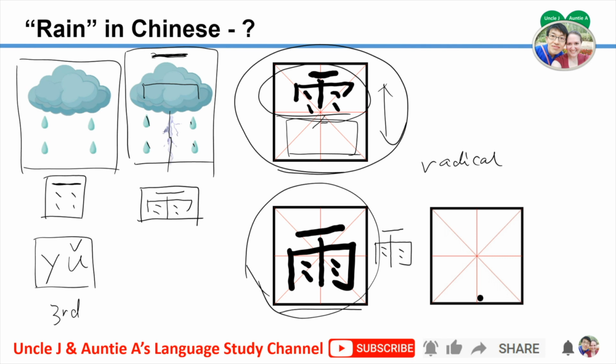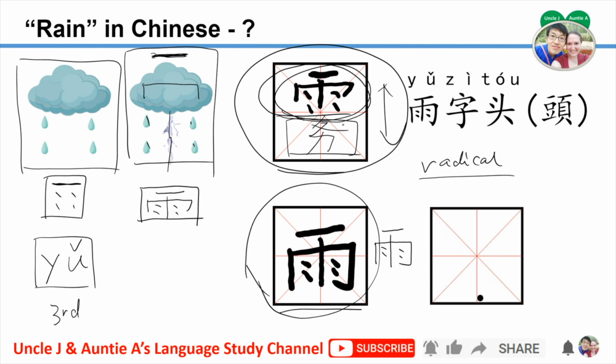For example, this part is 雾. It means fog. So they thought fog is related with rain. So that's how it works. It's a radical. This part of the radical is called 雨字头, which means 雨 as head.